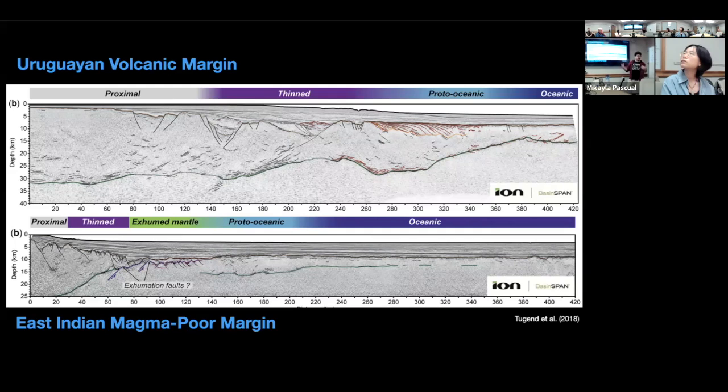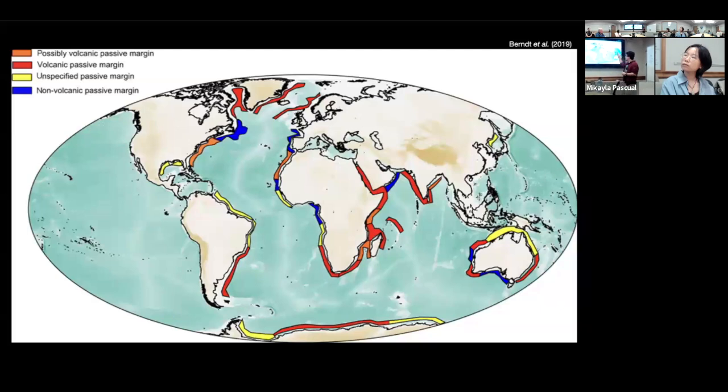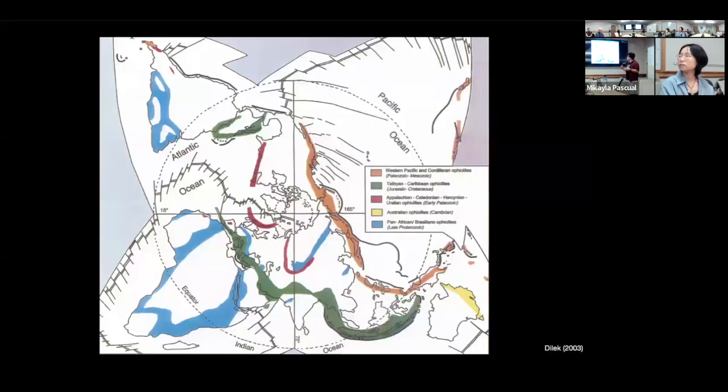In some cases, you don't want to just look at suture.